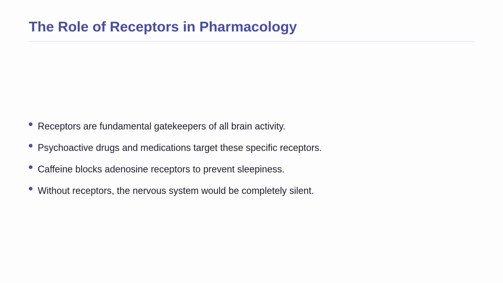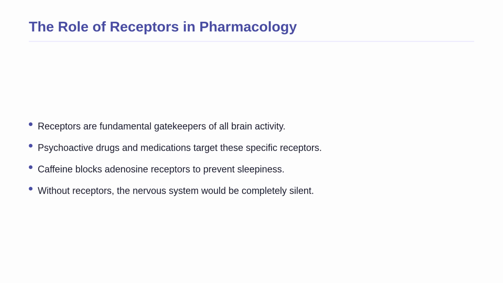Having seen how these receptors function at a microscopic level, you might wonder why this matters to us on a daily basis. Understanding neurotransmitter receptors is absolutely critical because they are the fundamental gatekeepers of all human behavior. Every memory you form and every muscle you move depends on them.